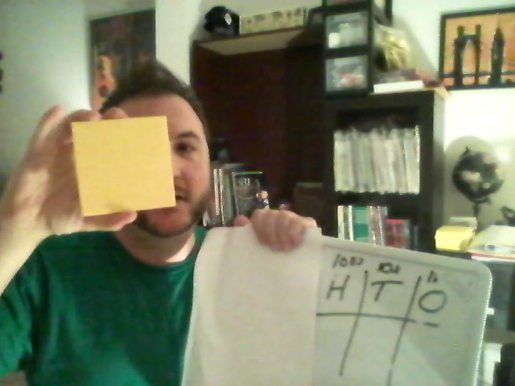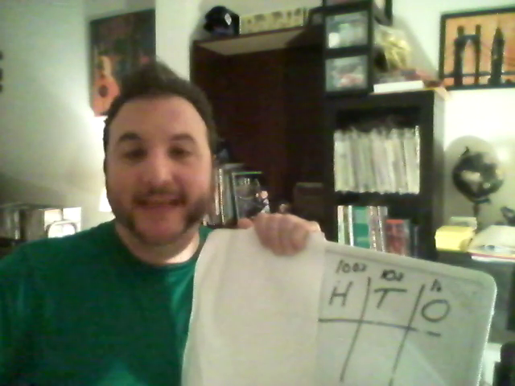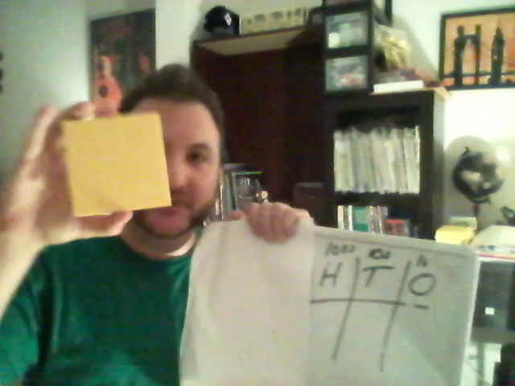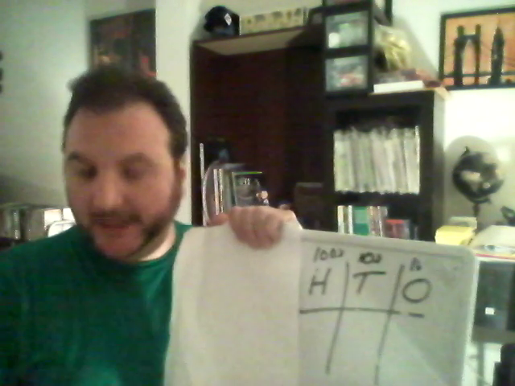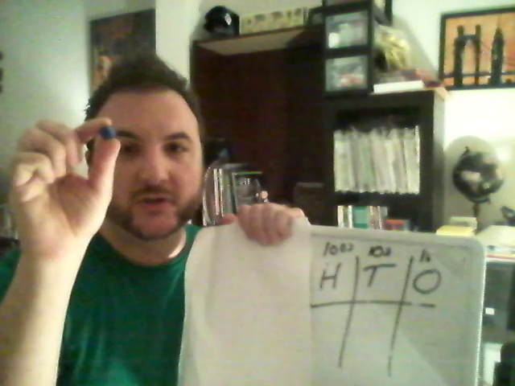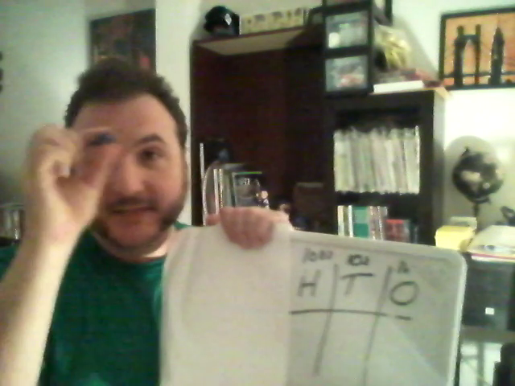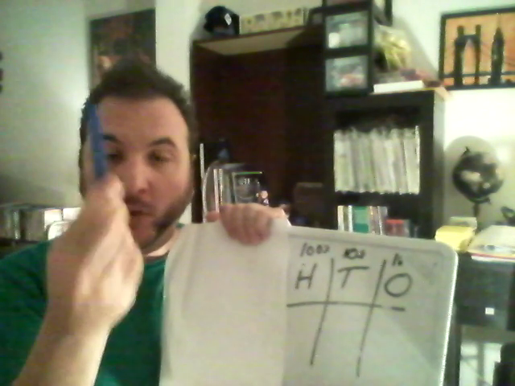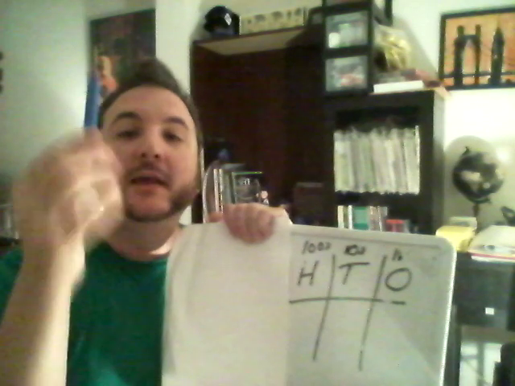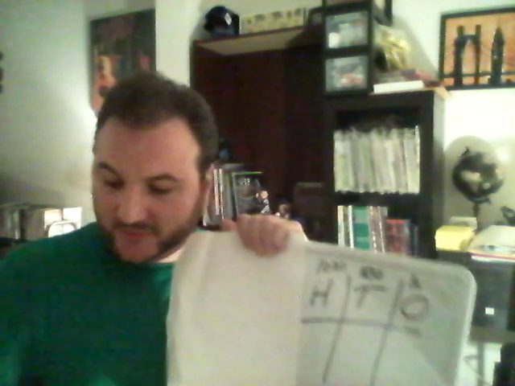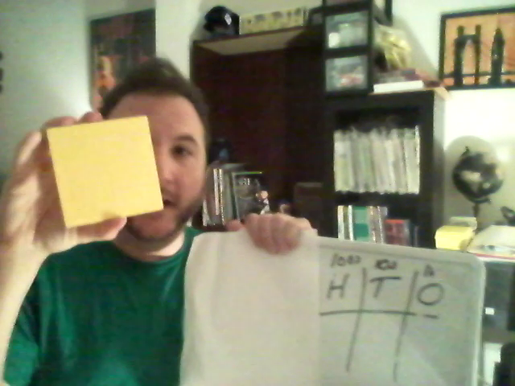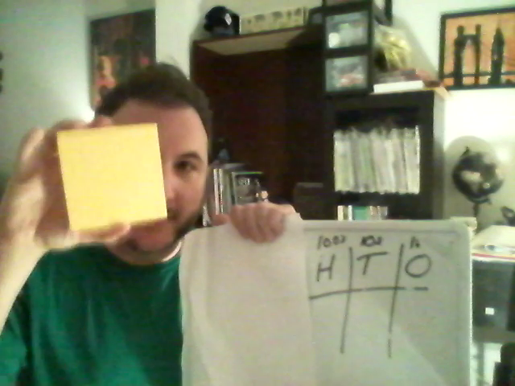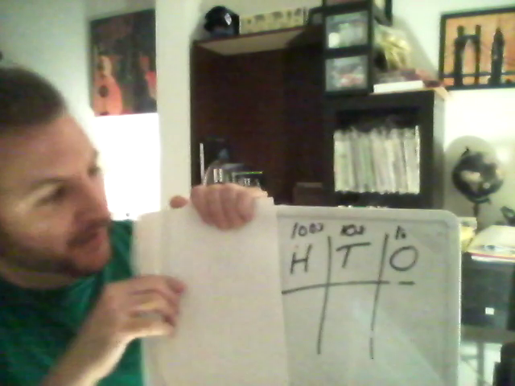There are 10 tens, 10 sticks in this 100 square. So once again, 10 of these 1 cubes make 1 10 stick. 10 of these 10 sticks make a 100 square, right? And there you go from there.